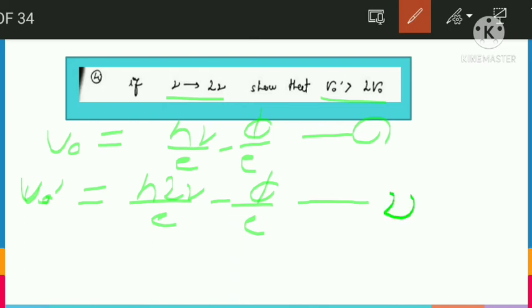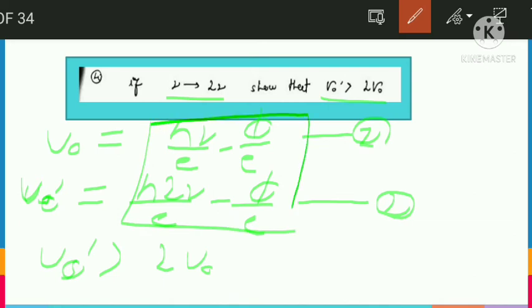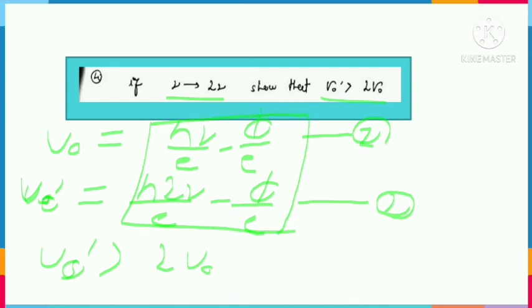This is our second equation, and this was our first equation. So we can clearly see that if you compare these two equations, you will get V naught dash is greater than 2 times V naught. When you compare this, please compare and see the result. So friends, I think this question is clear, so we can move to our next slide.